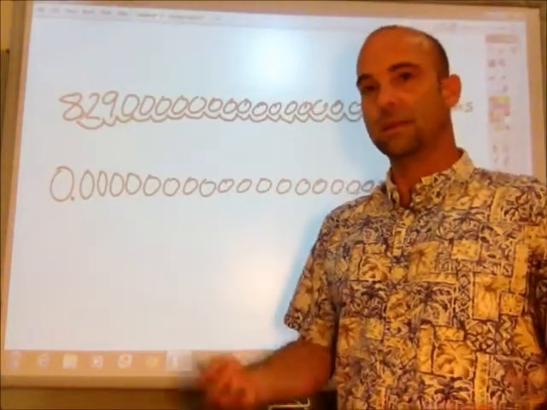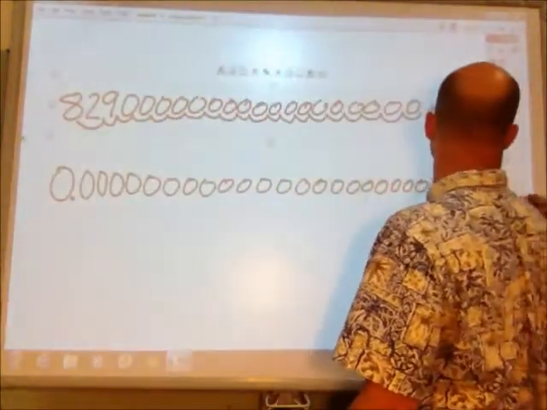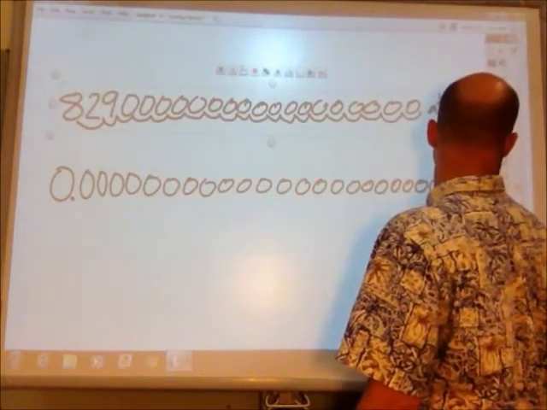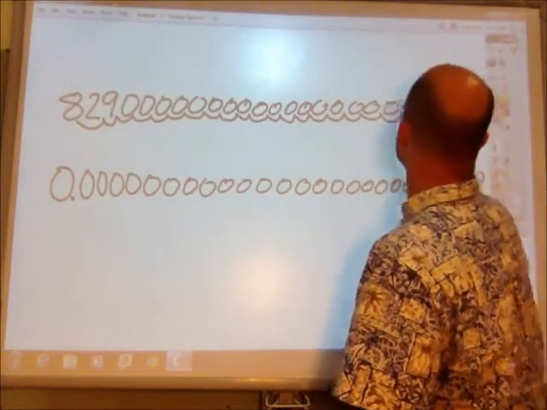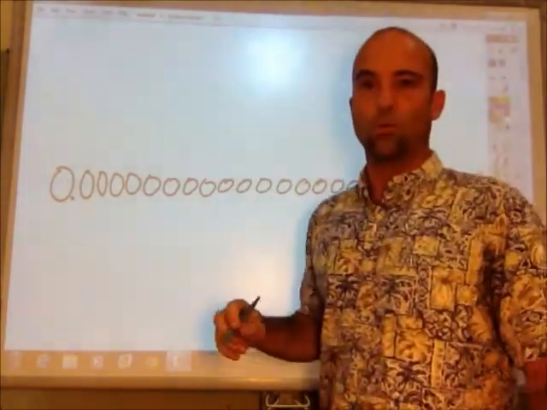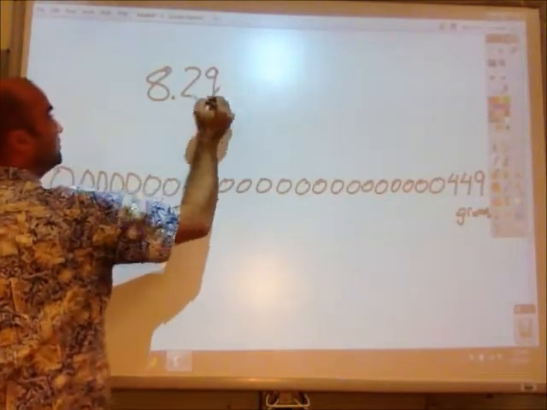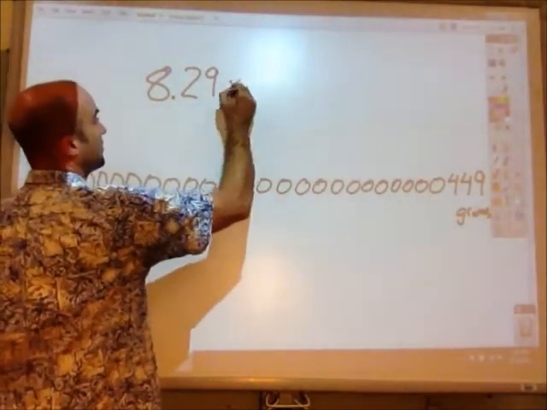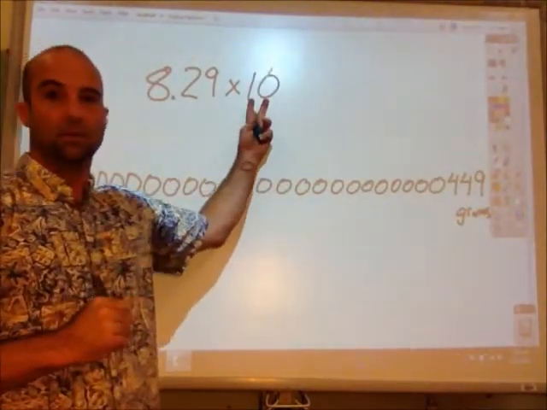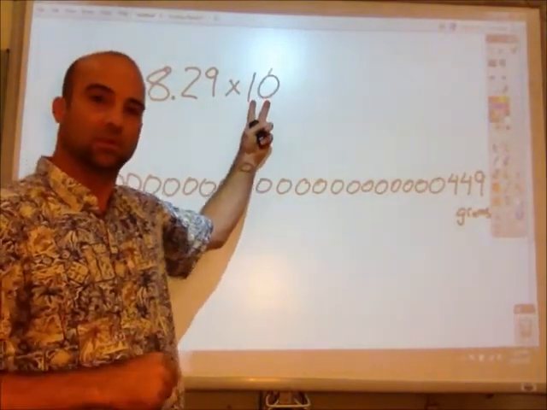To get around writing all those zeros, what we'll do is we'll write 8.29 as the coefficient times 10, and we need to multiply it by 10 20 times, because every time we move the decimal was a multiple of 10.